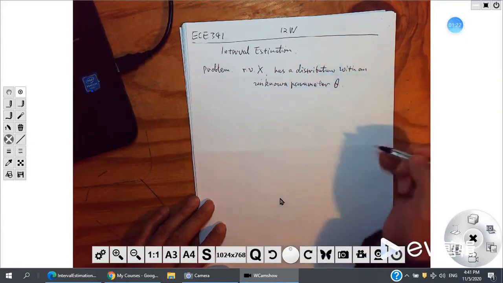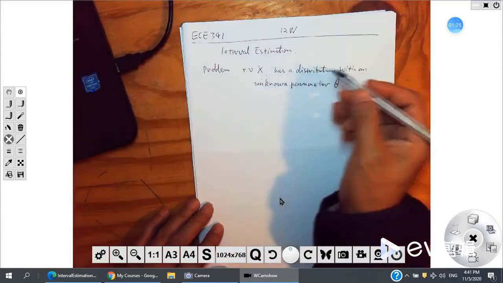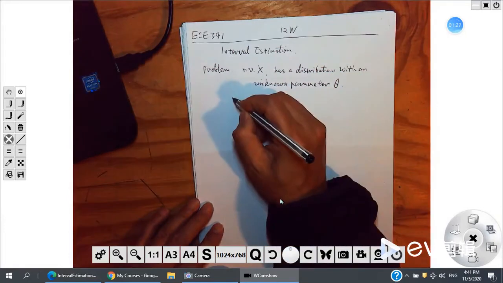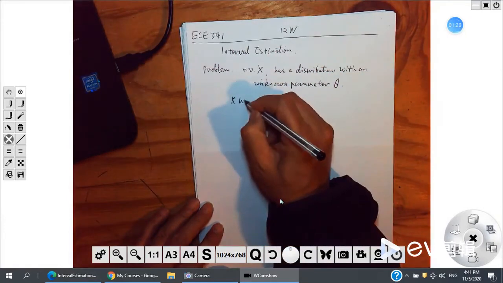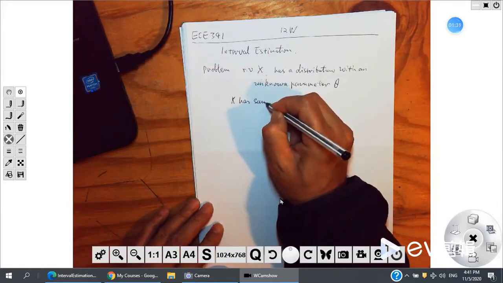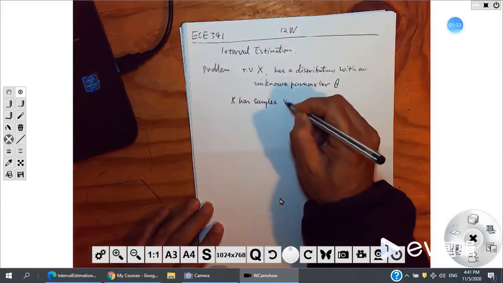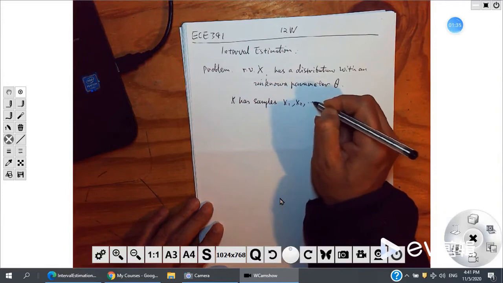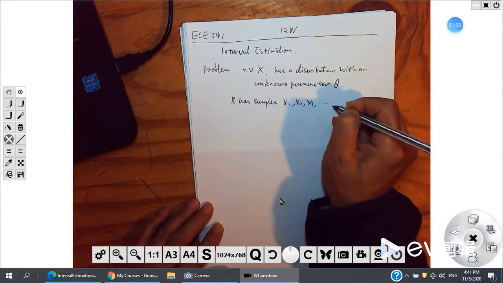Yeah, we don't know that theta. And we have this x has samples x1, x2, x3, and so on. Right? You have a sequence.